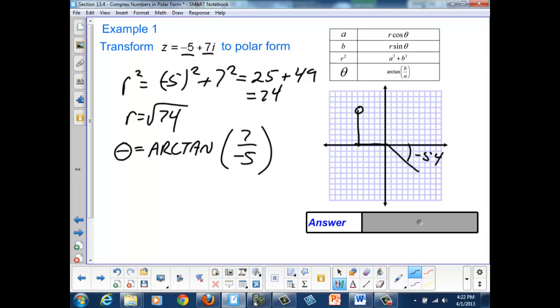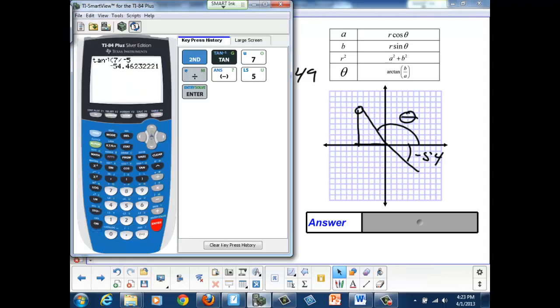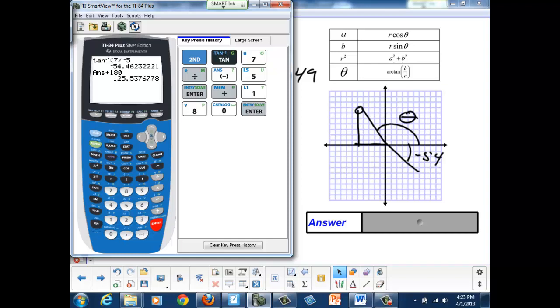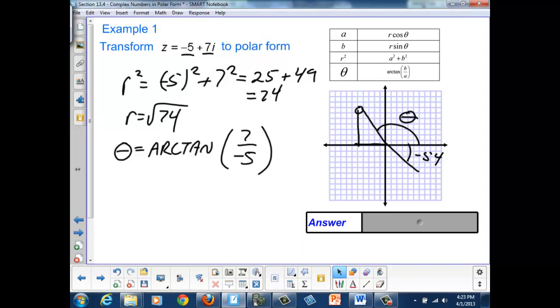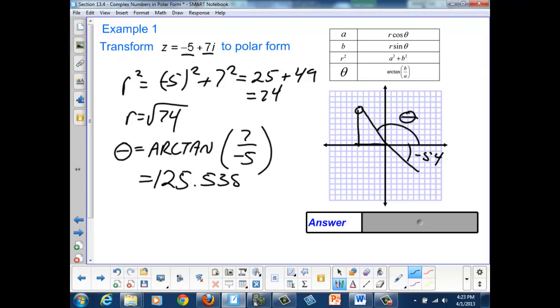So I need to apply my arctangent concept and add 180 degrees to get the actual theta in this case. So I go back to my calculator and I add 180, and I get 125.538 degrees. So now I have my theta and I have my r.